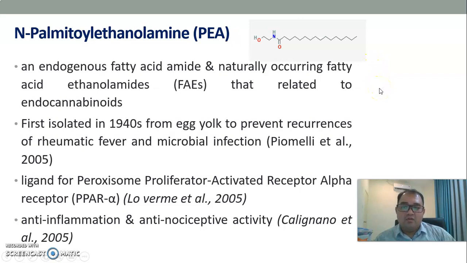PEA is known as a ligand for PPAR alpha, which is the peroxisome proliferator-activated receptor alpha, and activation of this receptor can lead the compound to have anti-inflammatory and also anti-nociceptive activities.